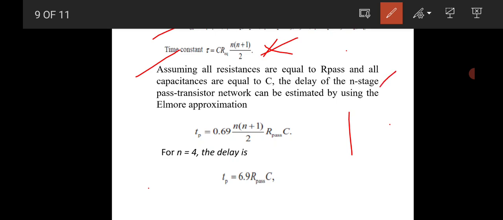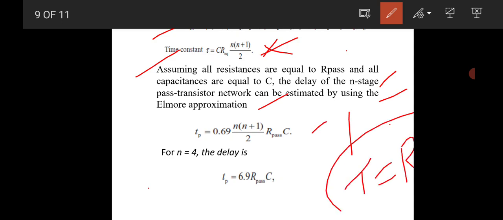The n-stage pass transistor network can be estimated using Elmore's model. Generally the time constant tau is equal to RC, so based on this we can expand it, and we get a value of around 0.69 times n(n+1)/2 times RC.